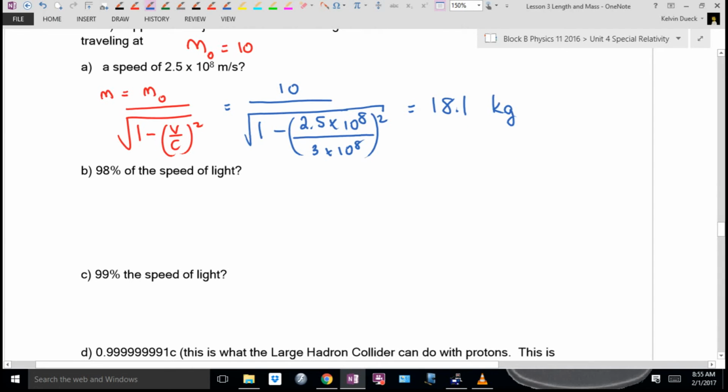What if it was traveling at 98% of the speed of light? M equals m0 over the square root of 1 minus 0.98 c over c, squared.